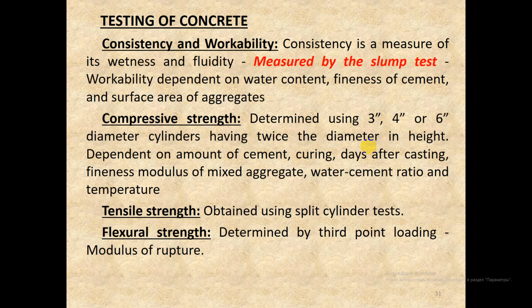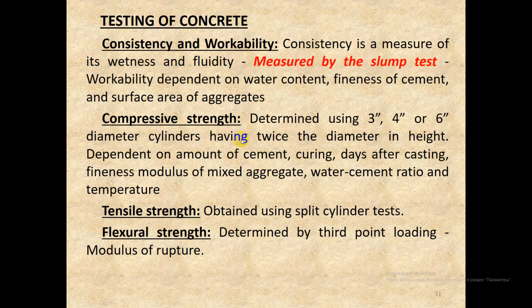Consistency is a measure of its wetness and fluidity, measured by the slump test. Workability is dependent on water content, fineness of cement, and surface area of aggregates.